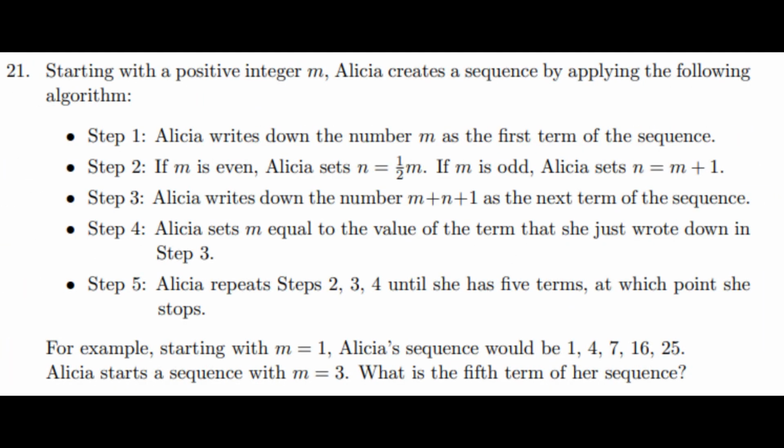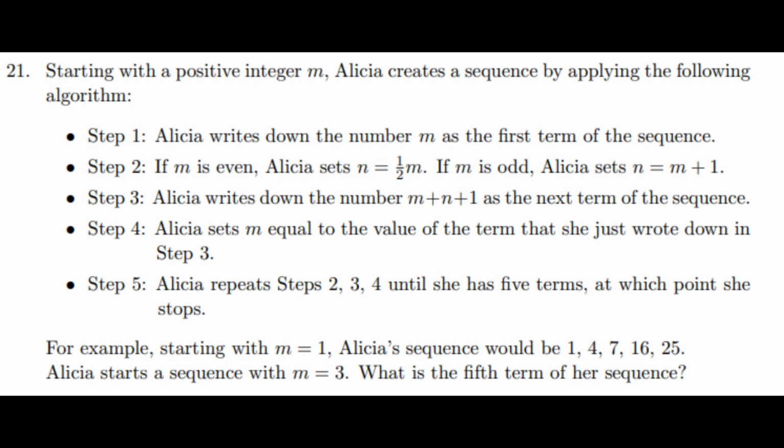Starting with a positive integer m, Alicia creates a sequence by applying the following algorithm. Alicia writes down the number m as the first term of the sequence. If m is even, Alicia sets n equals half of m. If m is odd, Alicia sets n equals m plus 1. Alicia writes down the number m plus n plus 1 as the next term of the sequence.